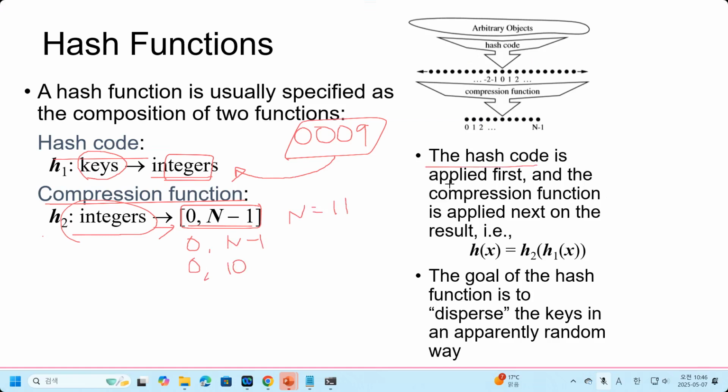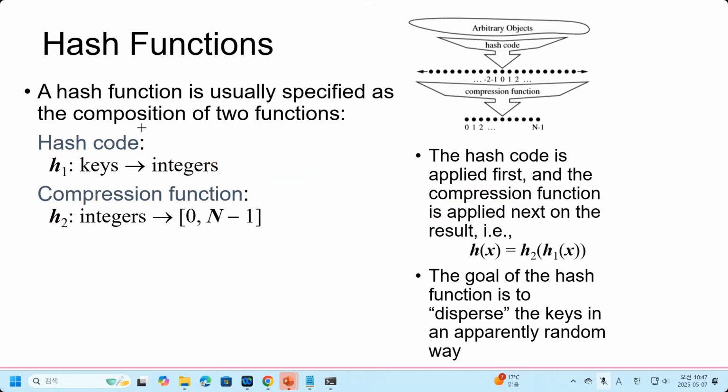So the hash code is applied first, and then the compression function is applied next. So we can get a function like this: h(x) equals h2, the compression function, of h1(x).